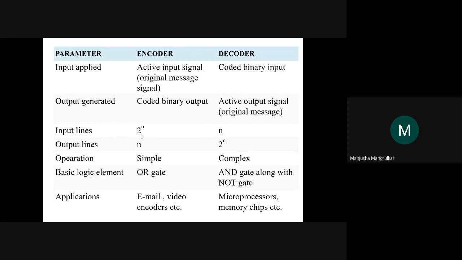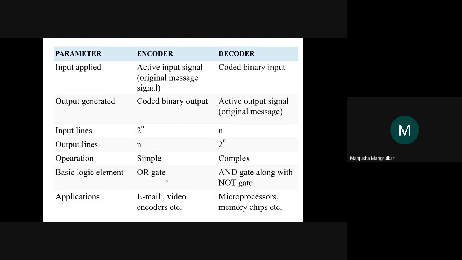In the decoder, the input lines are n and the output lines are 2 to the power n. Here in the encoder it is just reversed: the input lines are 2 to the power n and the output lines are n. The operation is simple in the encoder; in the decoder, it is a bit complex.